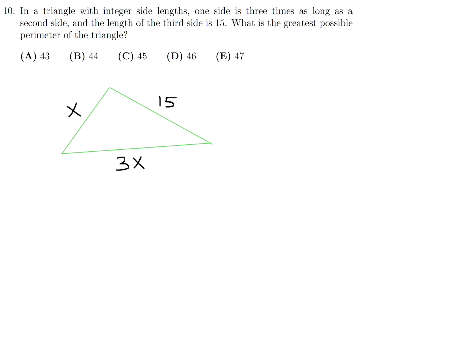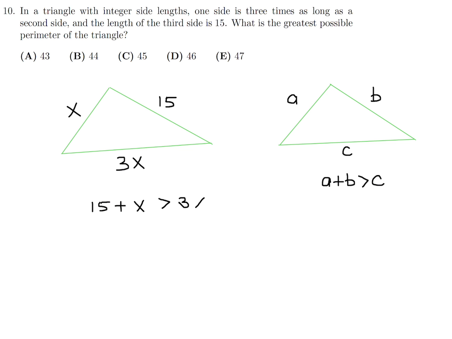Okay, now there's a rule for triangles. I'm sure you know. If you have any triangle, the rule is that if you have the sides labeled as A, B, and C, then A plus B must be greater than C. That's the only way a triangle can be made. So using that rule over here, and you can do this in any order that you want, but I'll just do it like this. 15 plus x has to be greater than 3x.